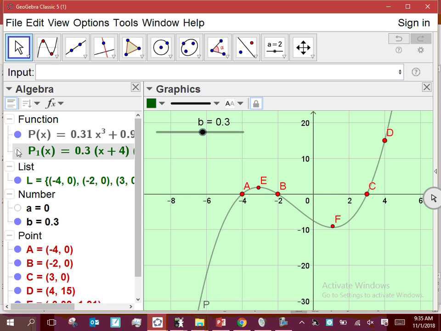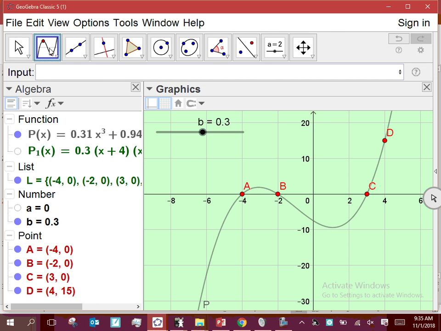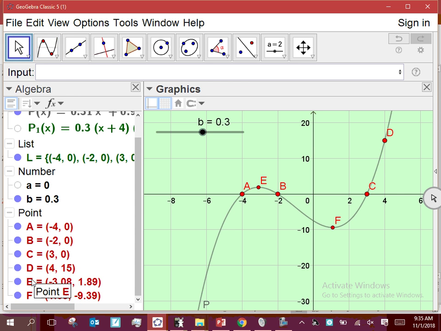Let me just get rid of that function. So E and F, I don't think F is on the right one. There we go.